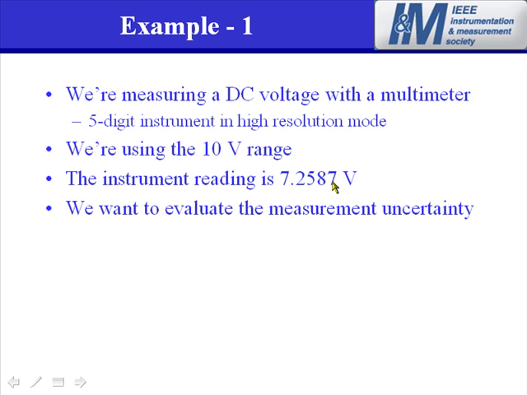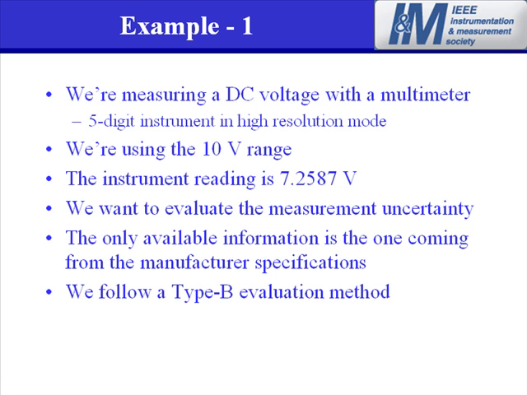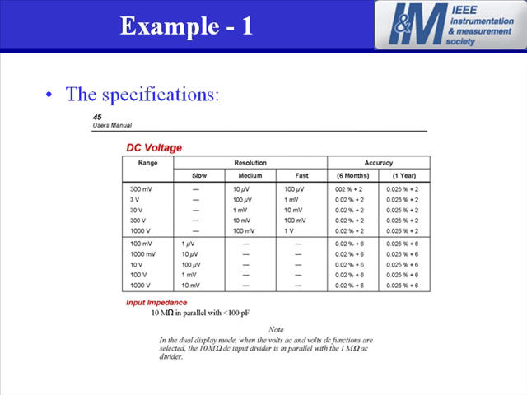slide. We wanted to evaluate measurement uncertainty, and the only available information we have comes from the manufacturer's specifications. Of course, according to our previous considerations, we have to follow a type B evaluation method. So, let's see the manufacturer's specifications.